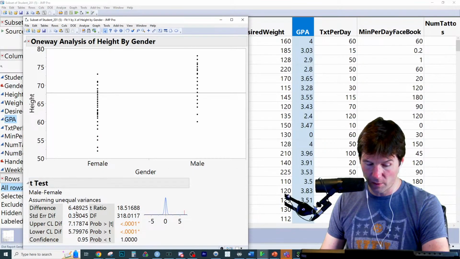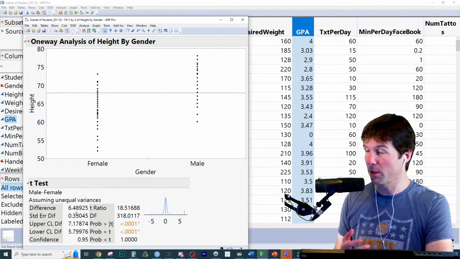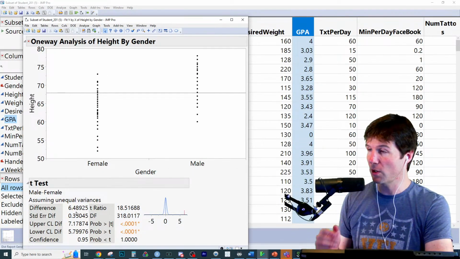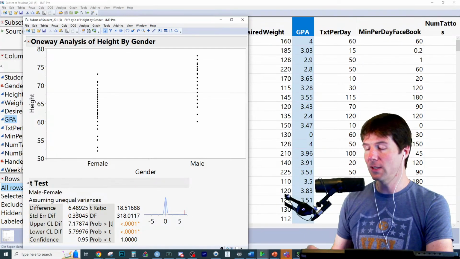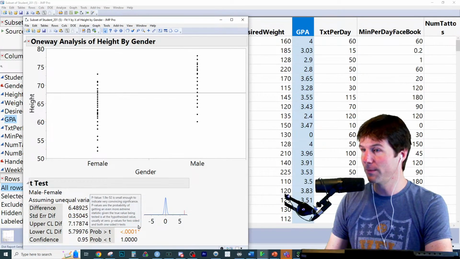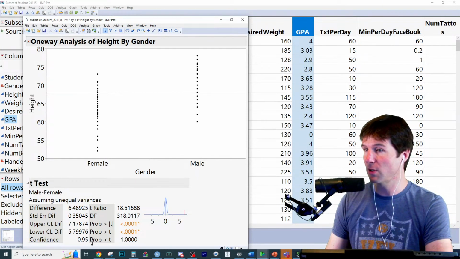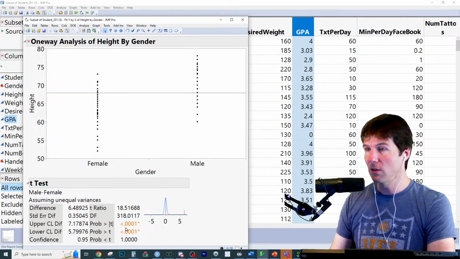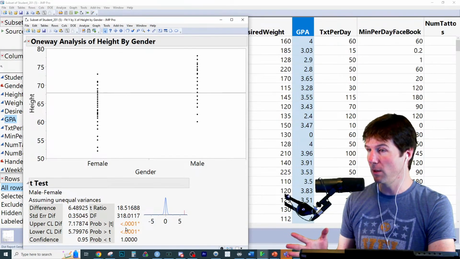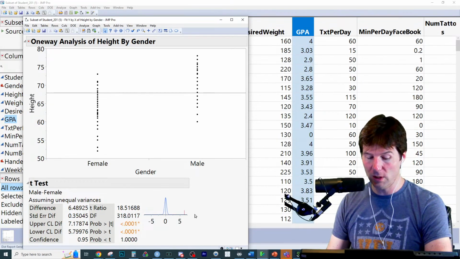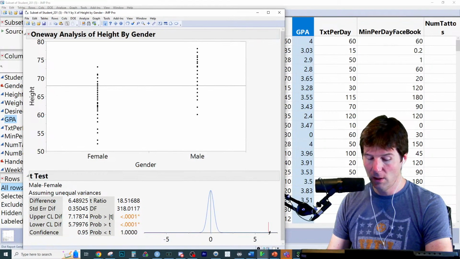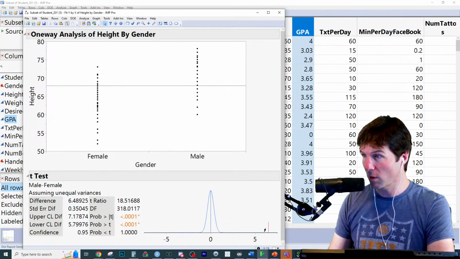The difference is 6.84, where males are 6.84 inches taller on average than females. And this difference is ridiculously significant because we estimate that males are somewhere between 5.8 to 7.2 inches taller on average than females. If you notice, 0 is very far from the interval. The difference of 0, which is hypothesized, is nowhere near the observed difference.